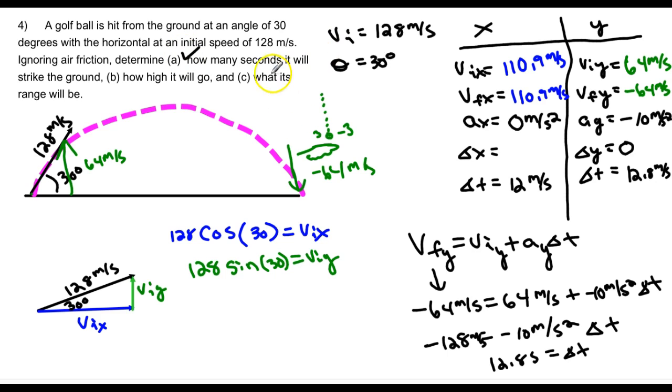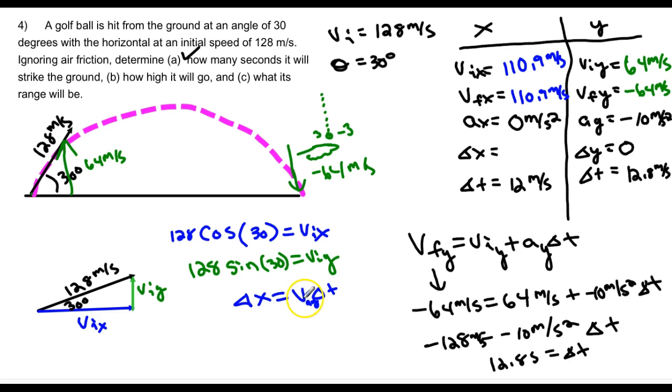The next one, I'm going to jump down to question C because that's the easy one to answer after figuring out A: how far is it going to go. If I want to know how far I'm going, and I know what my velocity is and what my time is, or my average velocity, I can figure out how far I'm going.